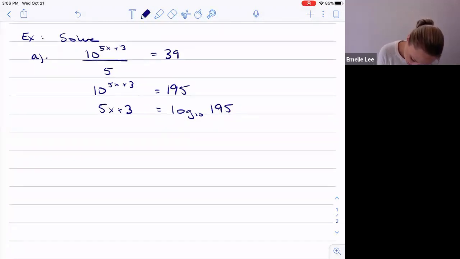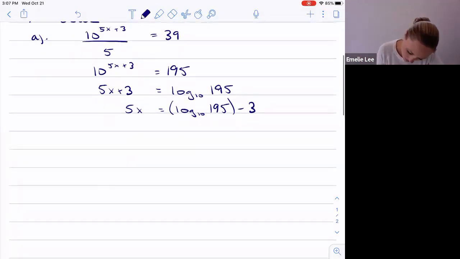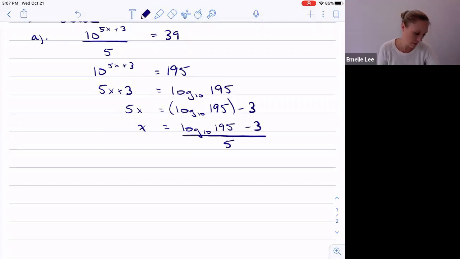And now we can solve for x. So we've got 5x is the log base 10 of 195 minus 3. Recognizing that the log base 10 of 195 is one thing, and then I'm subtracting 3. So you don't want to incorporate that minus 3 into the log. And then x must be log base 10 of 195 minus 3, divided by 5.